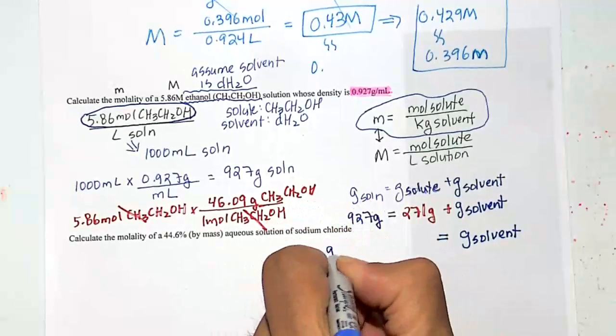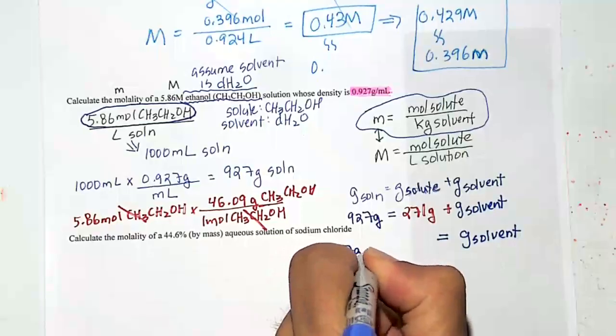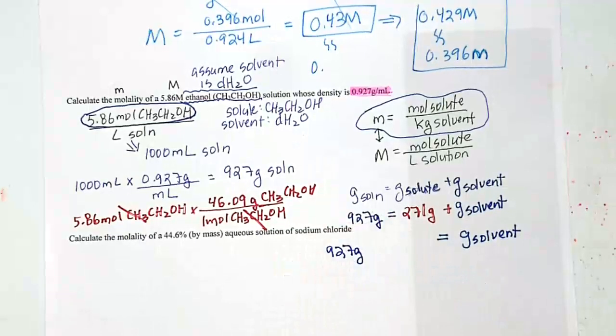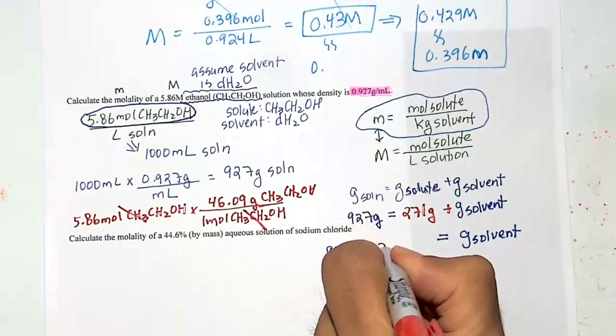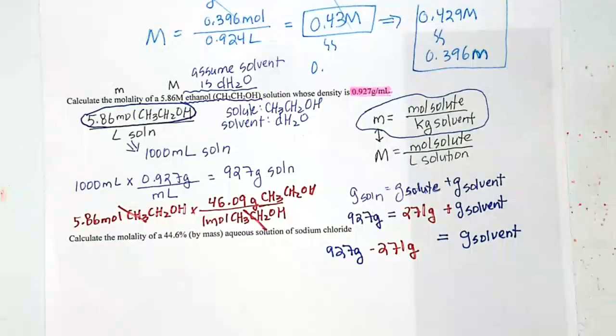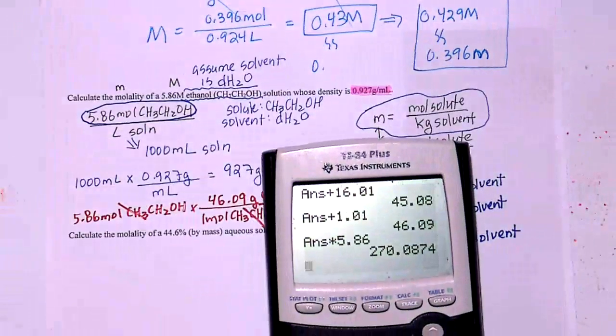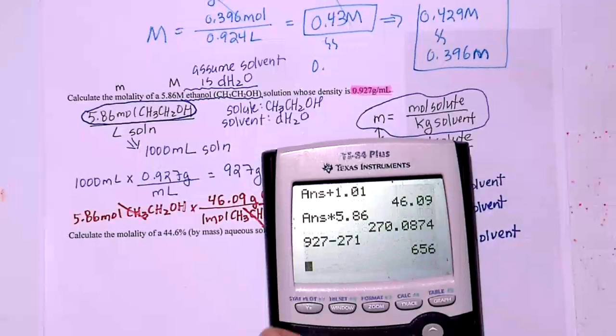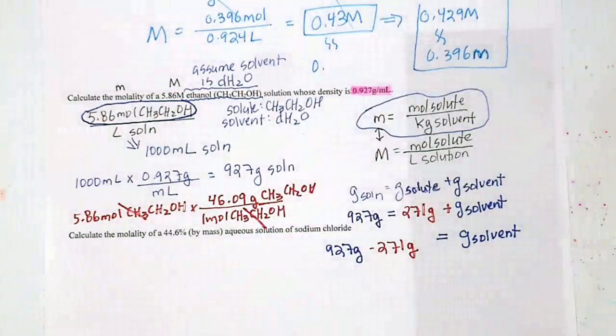Is that correct? So what's 927 minus 271? 656 grams of solvent. Very good, thank you.